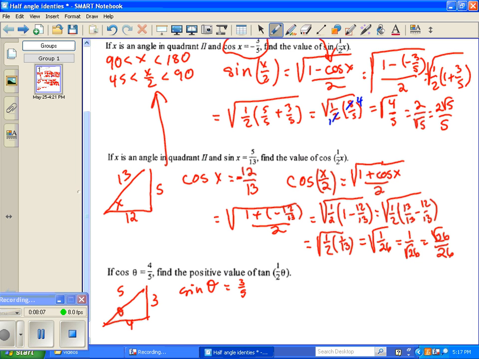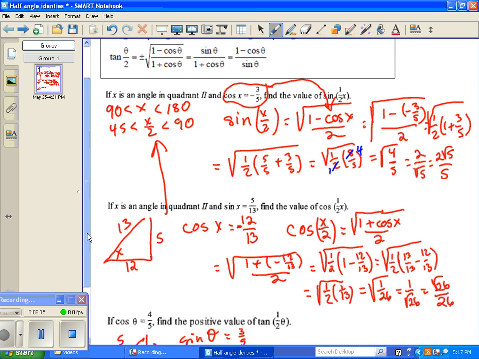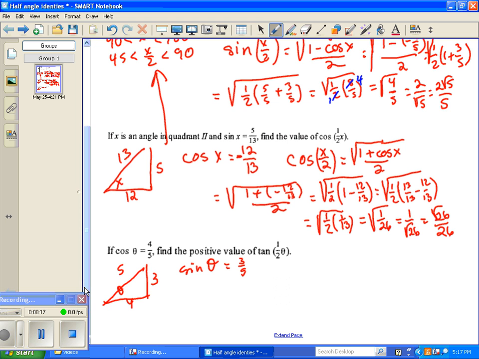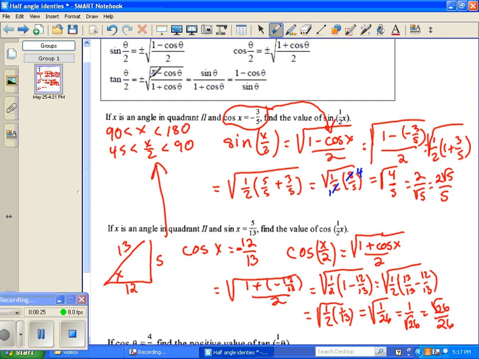Now they've told me that we want to find the positive tangent. So as with the other ones, the choices are plus or minus, but we are going to just worry about the positive. Now for tangent, we have 3 choices. Whenever we can avoid it, we just don't use the square roots.